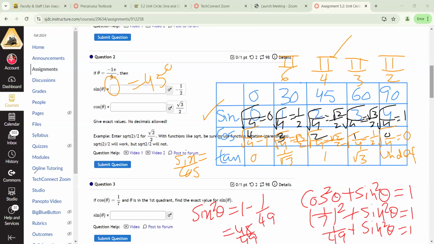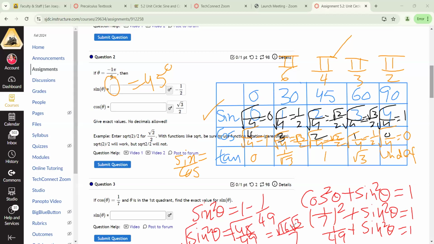Then I take a square root. So this was sine squared theta, and that means sine theta will be the square root of 48 divided by 7. If I take the square root on both sides, the square root of 48 is the square root of 16 times 3, and the square root of 49 is 7.